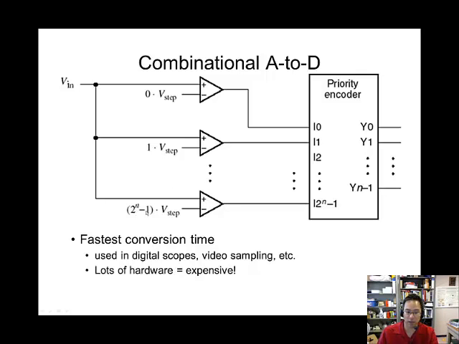So we have 2 to the n minus 1 steps, where n is the number of bits that's going to be created from our circuit here. Typically, if you wanted to convert a 0 to 5 volt signal, the 0 volt would show up on this comparator, and something like 5 volts would show up towards this one.